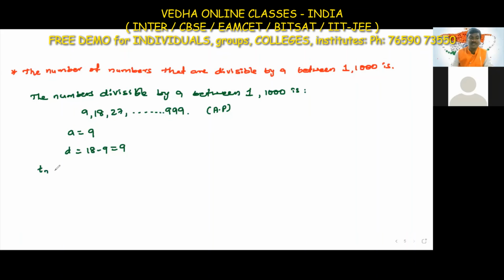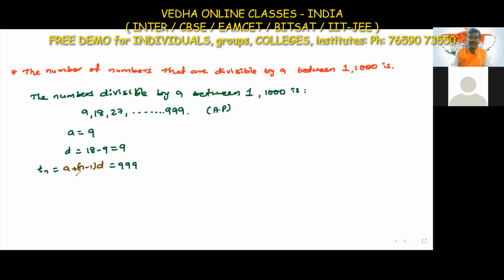So Tn is equal to A plus (n minus 1) into D, which is the formula here. The value is given: the last number is 999. After how many numbers are we getting this? How many numbers are there in this interval?